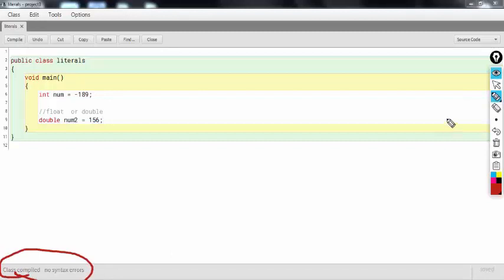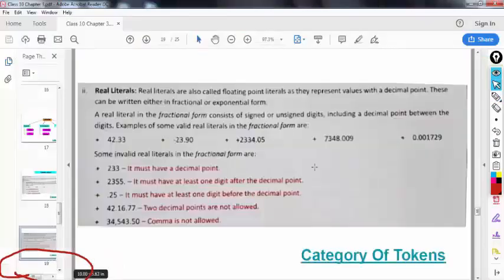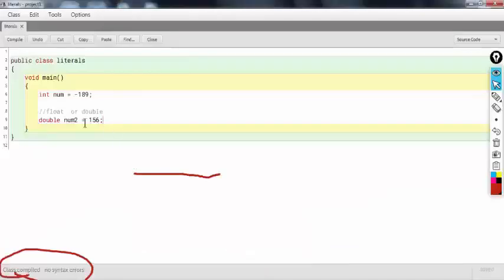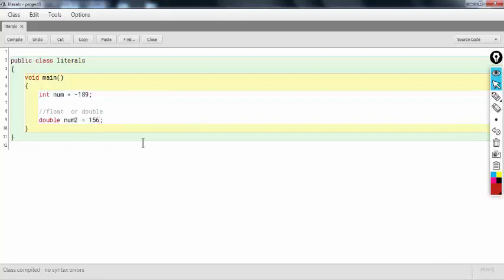But then you can ask me, what is this first point then? It must have a decimal point, but as you can see, I don't have the decimal point here. So what is going on here? Well, the thing is, if you do not write a decimal point here, the compiler will insert a decimal point for us.